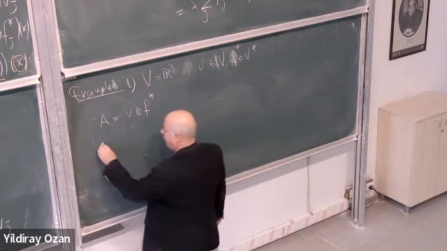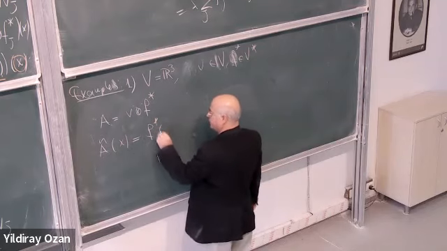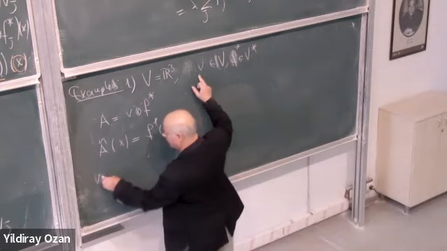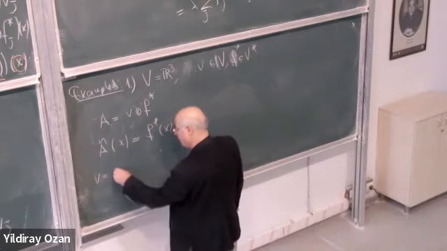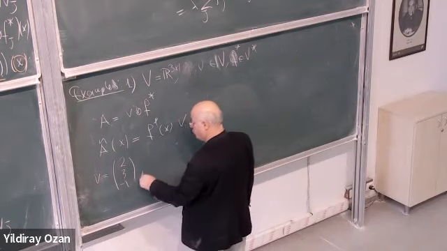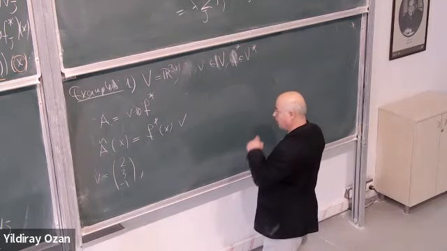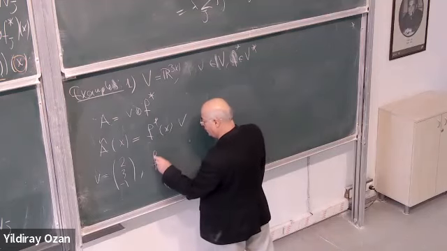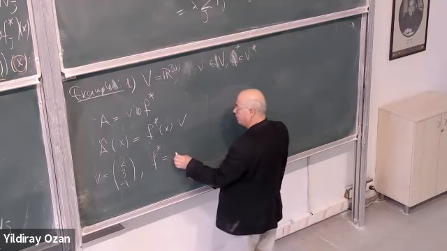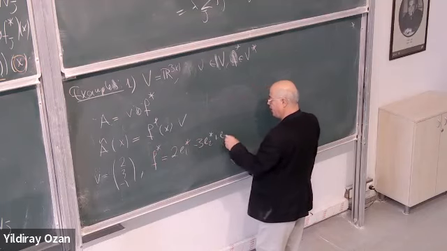Now what will A hat of X be? A hat of X is F star of X times B. Let's give a numerical example. Let's take B to be a vector in R3, say 2, 3, 1. F star is a linear map. Which one? Let this linear map be F star equals 2 E1 star minus 3 E2 star plus E3 star.